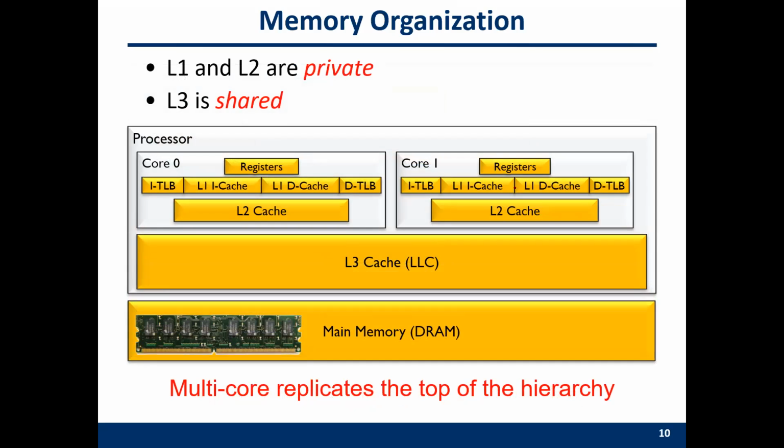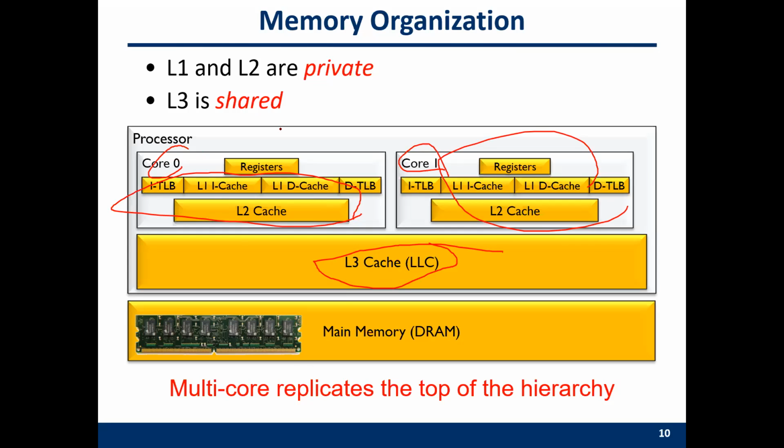Nowadays, you have multiple cores, so core 0 and core 1. These two cores can share an L3 cache, but they have their own private L2 caches. Shared versus private is some kind of trade-off.